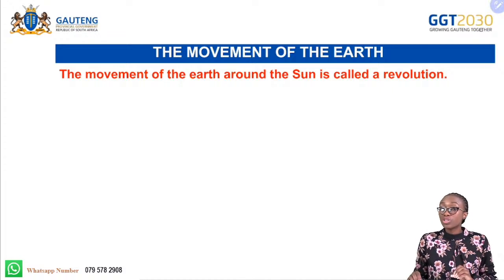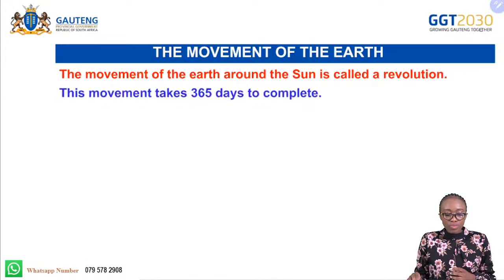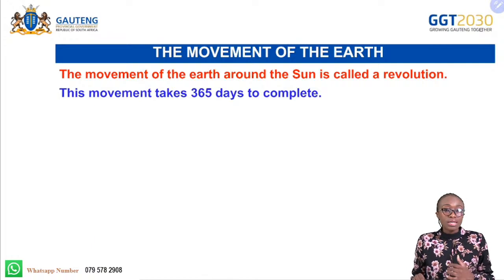We have learned something new today. The earth moves around the sun, and that movement is called a revolution. The movement takes 365 days to complete. So it's slowly moving that very long distance around the sun.